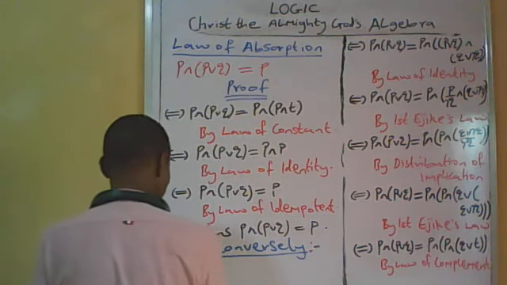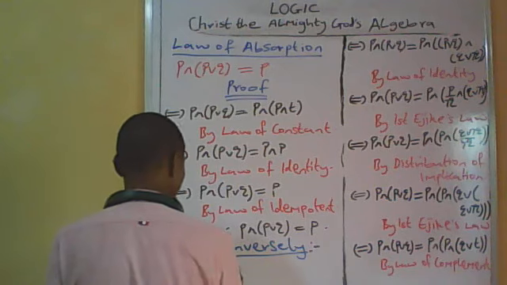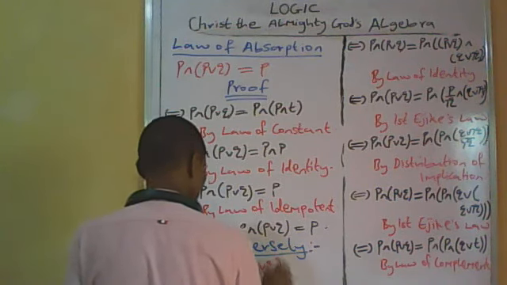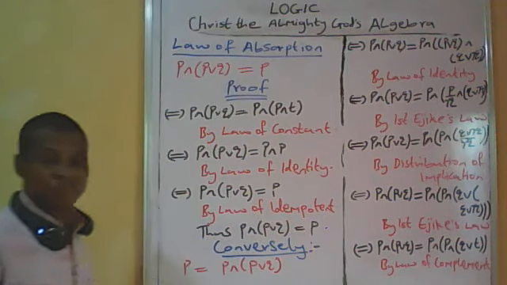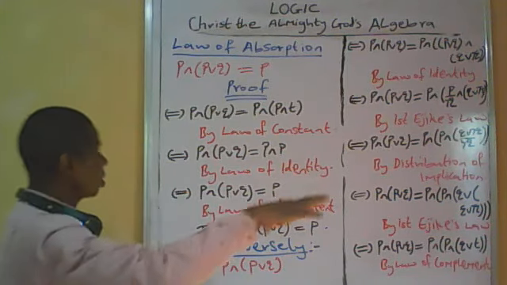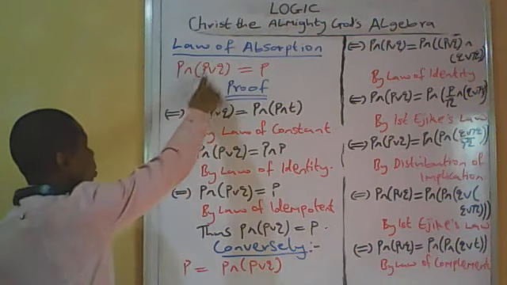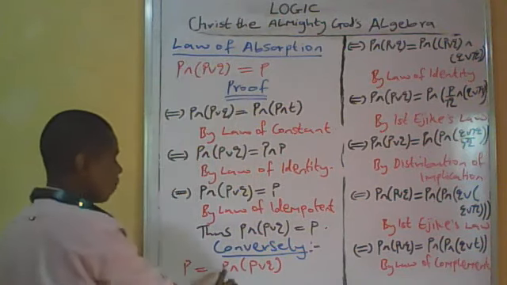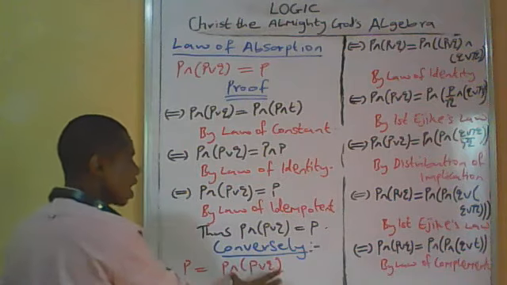P is equal to P and bracket P or Q. So this is the converse of this. You see that P and bracket P or Q was at the left side of the equation, and now it is at the right side.